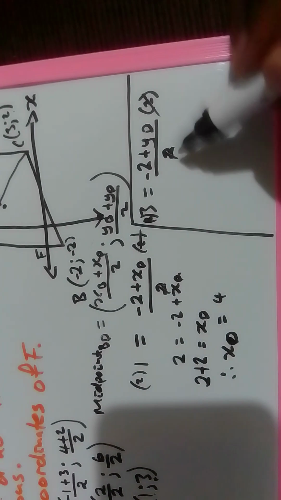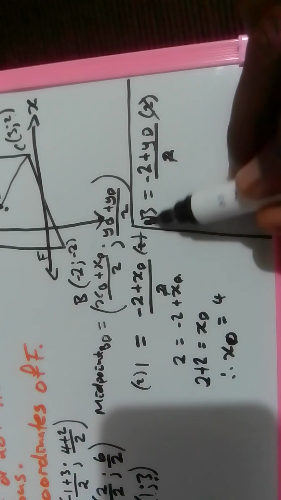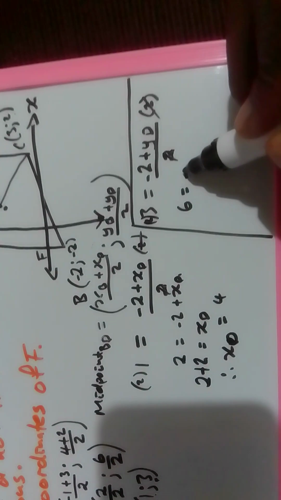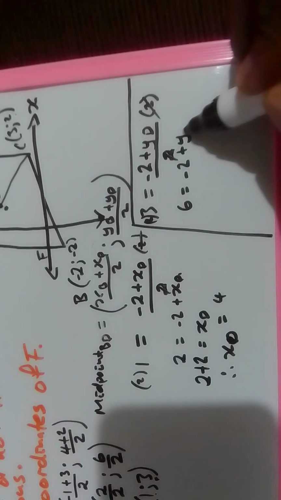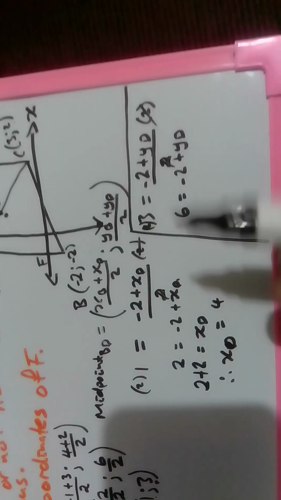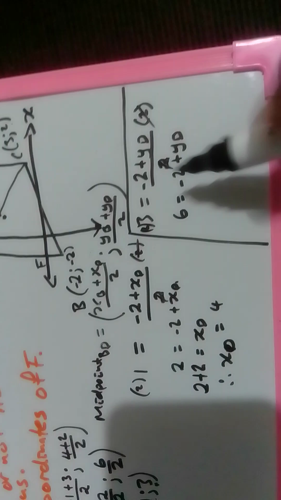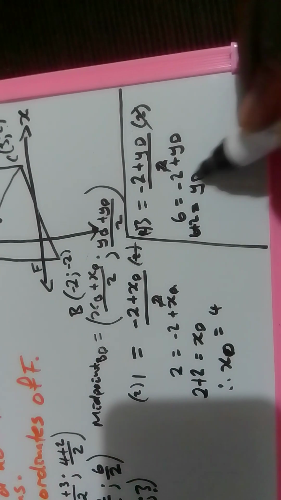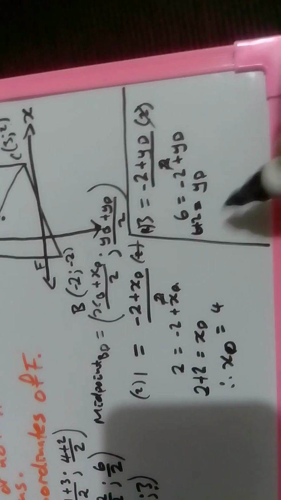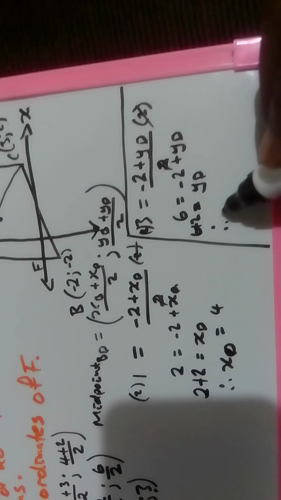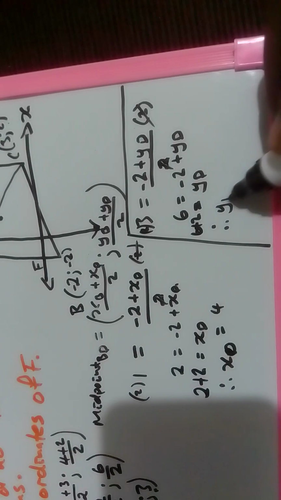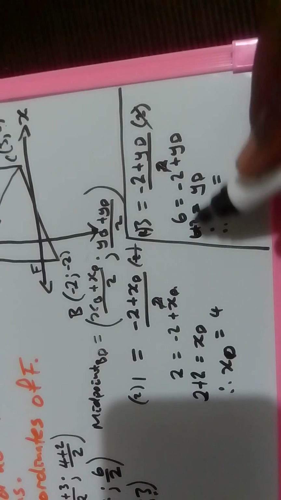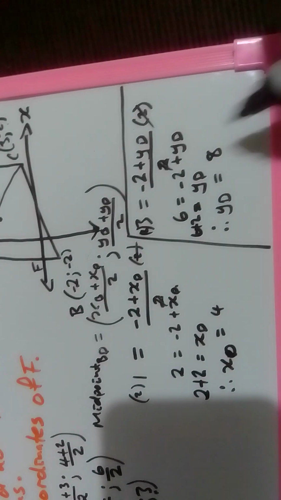These 2s cancel, and then 2 multiplied by 3 is equal to 6, which is equal to negative 2 plus the y coordinate at point D. Now I transpose this, it becomes 6 plus 2, which is equal to that. Then I conclude that therefore my y coordinate at point D is equal to 6 plus 2, which is 8.